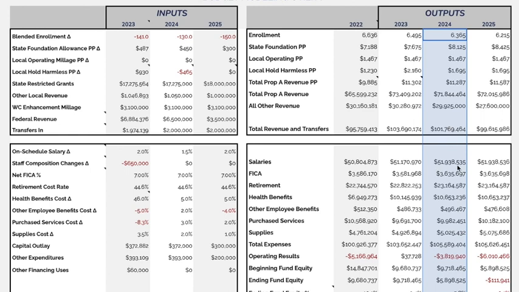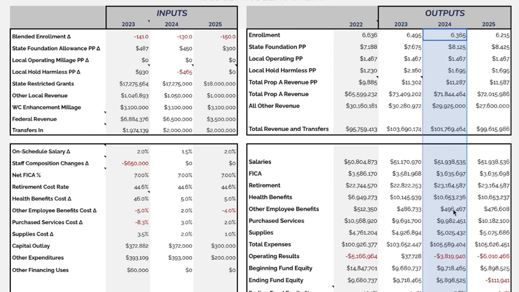So in this model, salaries are up about 800,000. That's what 1.5% does to salaries. FICA is just a percentage of salaries. Retirement is a percentage of salaries. Here's health benefits going up. So you can see here a 5%, which is a fairly moderate increase in health benefits, costs the district 500,000 more. So 10.14 million becomes 10.65 million.